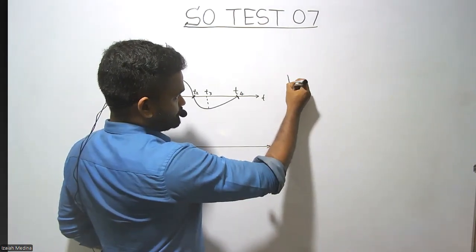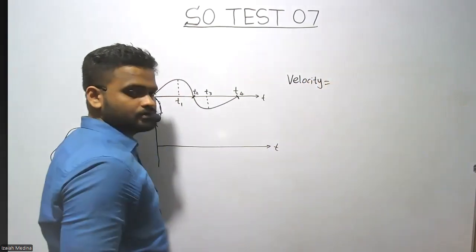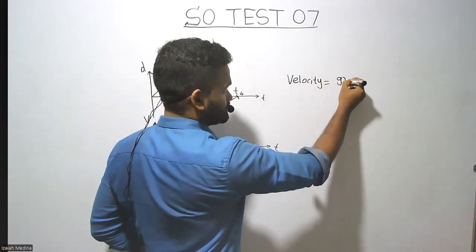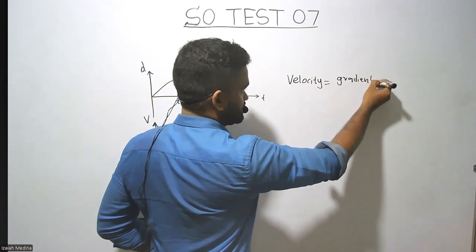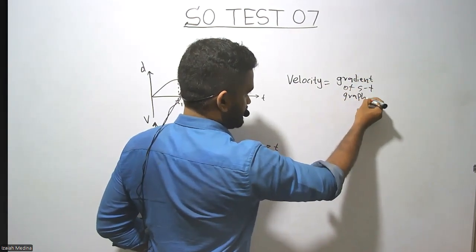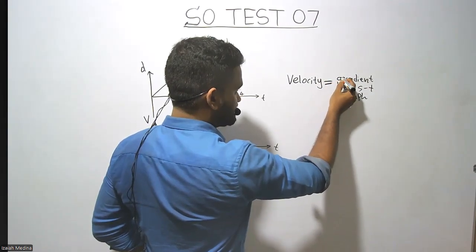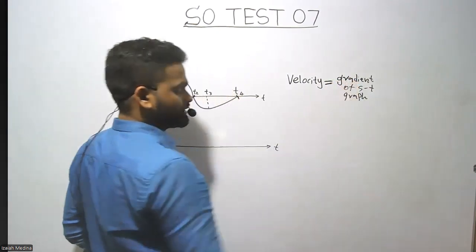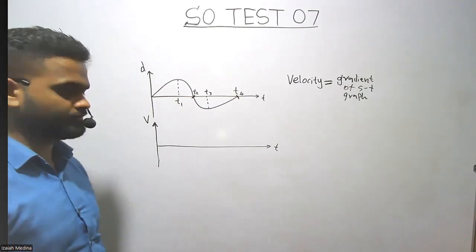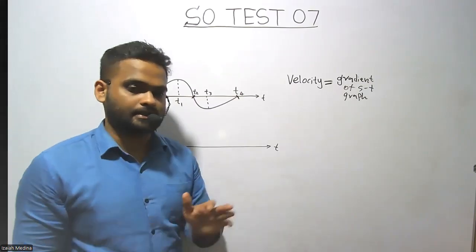Gradient. So velocity is equal to the gradient of the ST graph. Clearly you have to understand that.